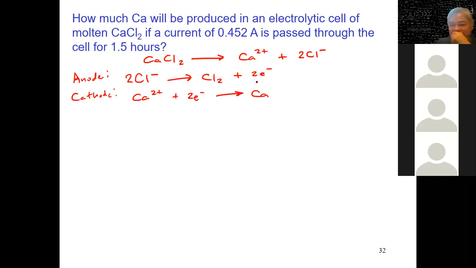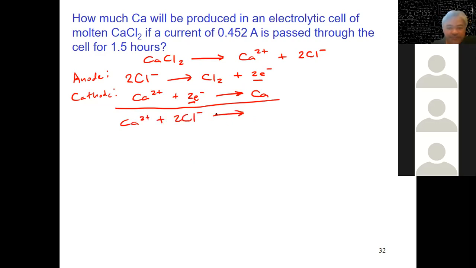Now you might ask, do we need to do that, sir? What do I say? Yes, because you need to determine how many electrons are involved in the reaction. So if you're going to look at the overall reaction here, you have calcium 2+ and 2 chloride producing calcium and Cl2.